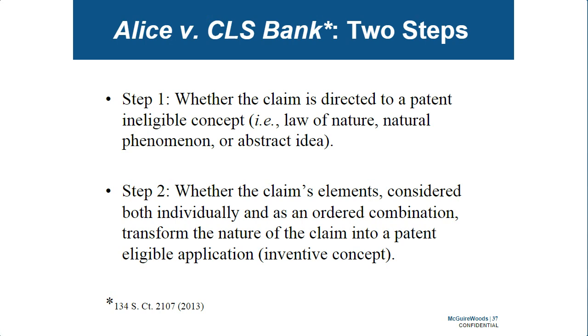All right, so if step 1 fails, that is, if your claim is directed to one of those 3 ineligible concepts, that doesn't mean you're not entitled to a patent. You go to step 2. In step 2, you have to look at the claim elements both individually and as a whole, to see whether that transforms the nature of the claim into a patent-eligible application.